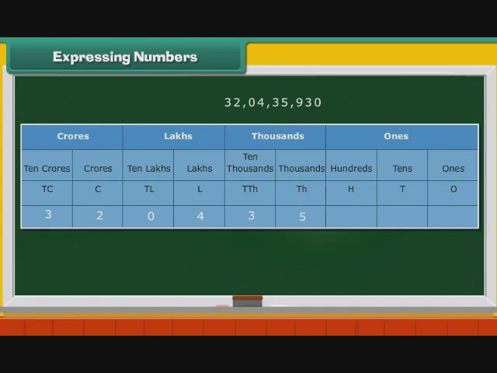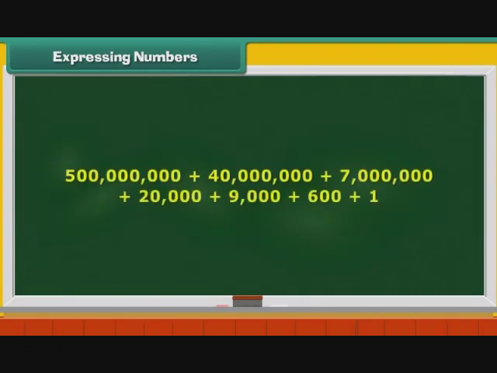Proceeding in the same way, write 9 under H, 3 under T, and 0 under O. Therefore, the number in standard form is 32,04,35,930.